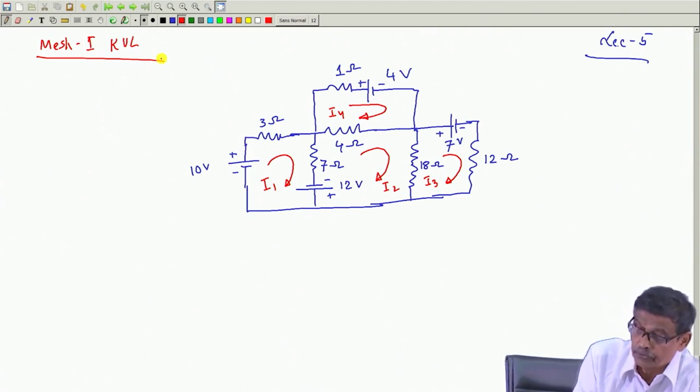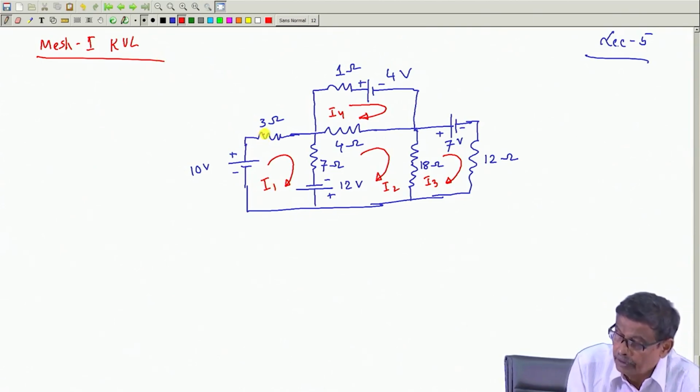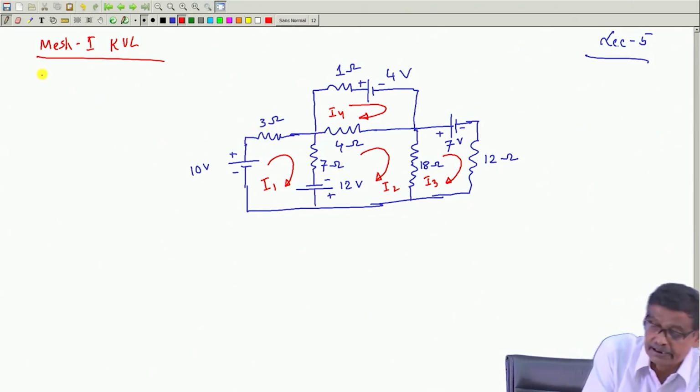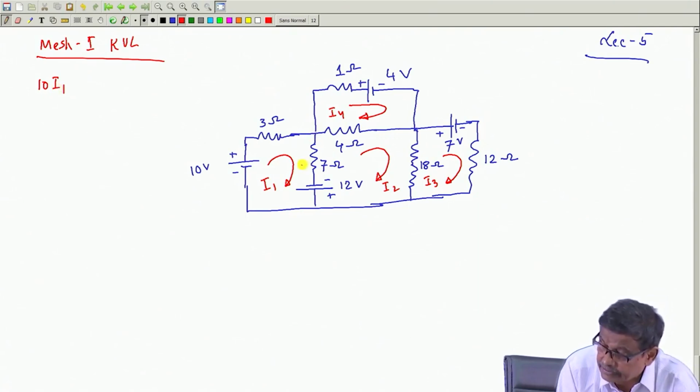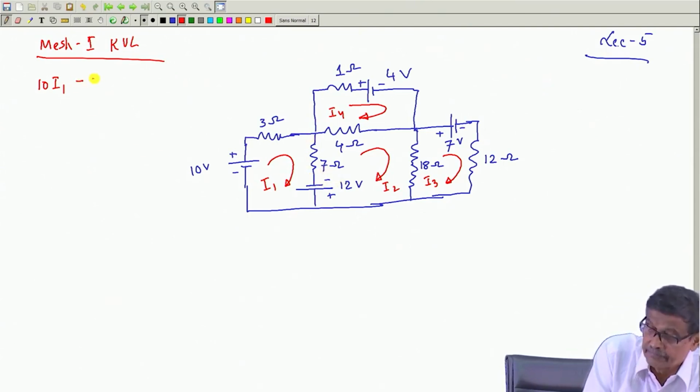The coefficient of I 1 will be the sum of all the resistances present here, 3 plus 7, 10 I 1. Coefficient of I 2, will it exist? Yes, there is a common resistance between these two, 7. So, minus 7 I 2.